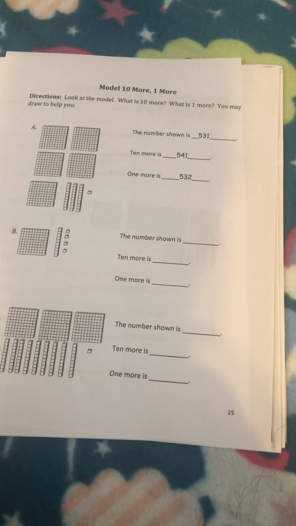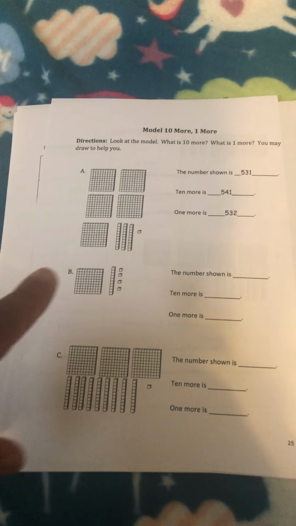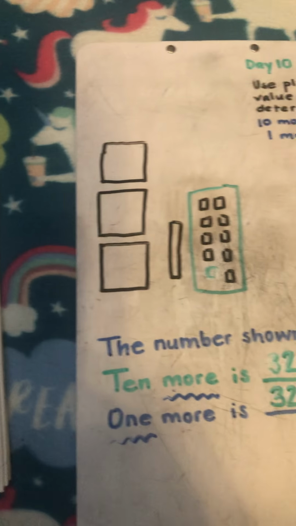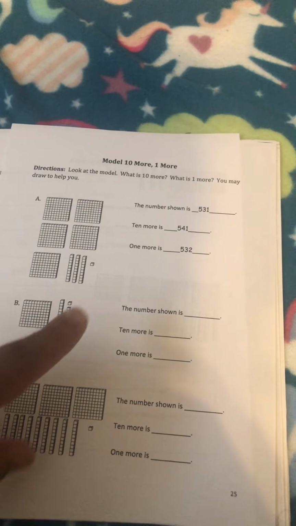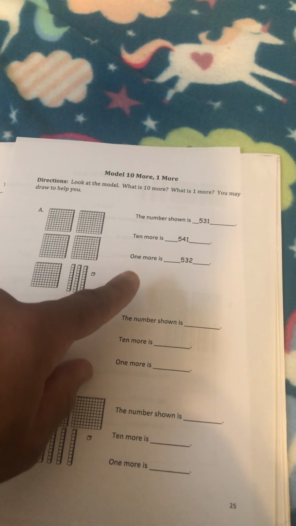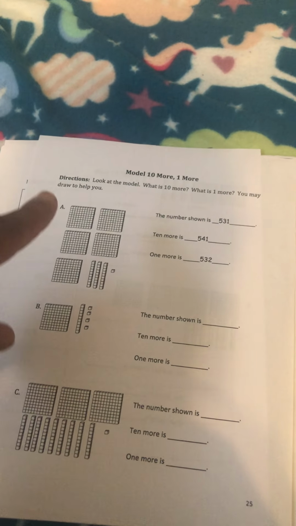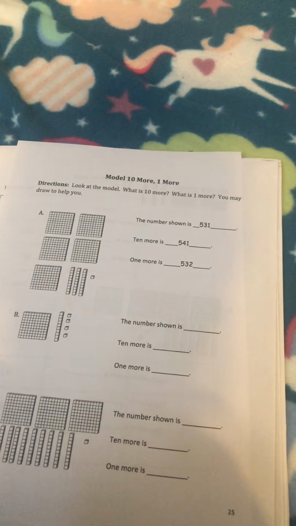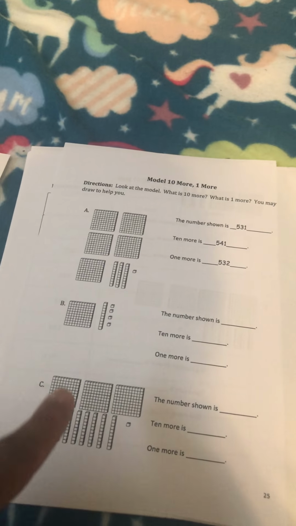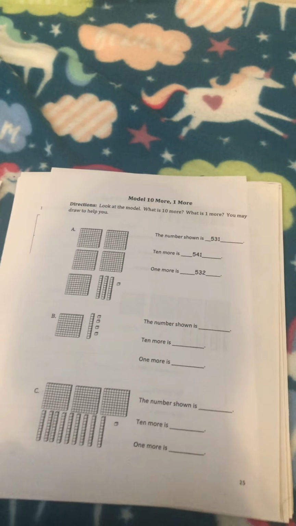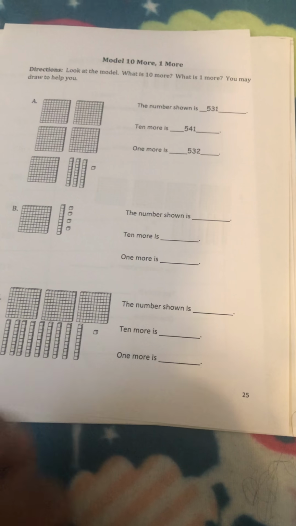So here is page number 25, which again has us looking at models just like I did, filling in the number that we see, and then thinking about 10 more and one more. This first question they have done for you as an example, and then they give you the following questions for you to practice. We have page 25.